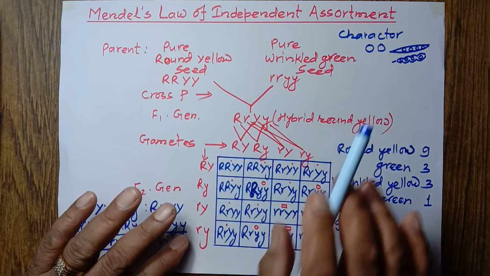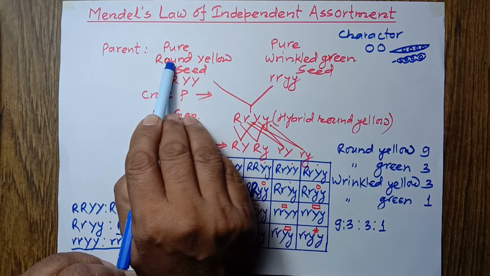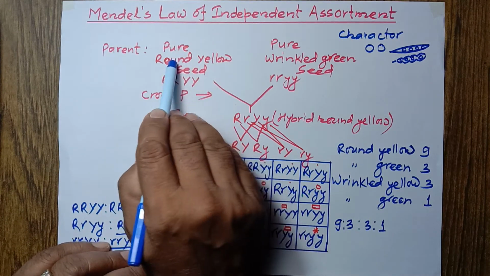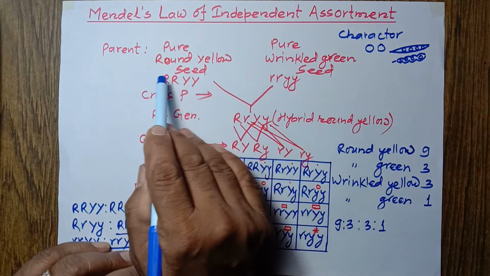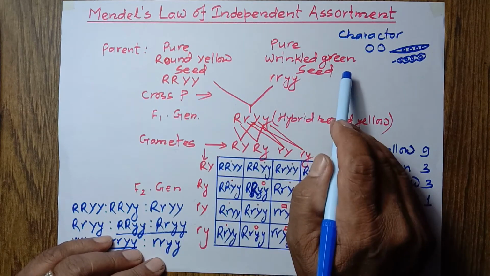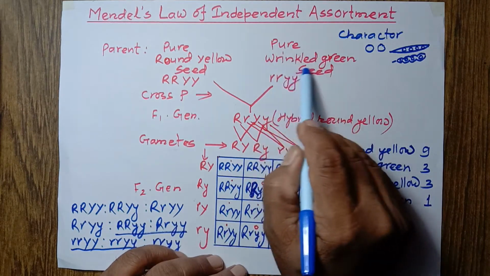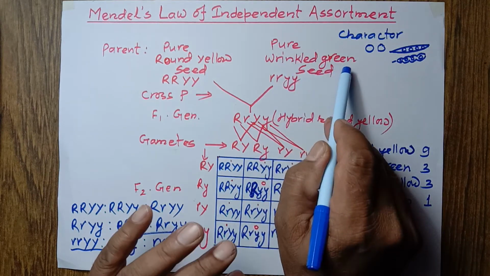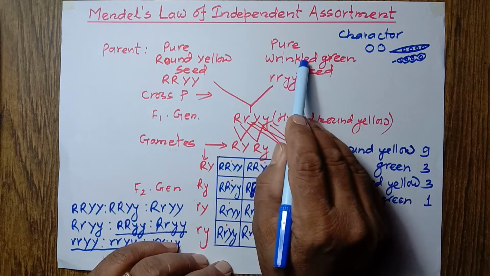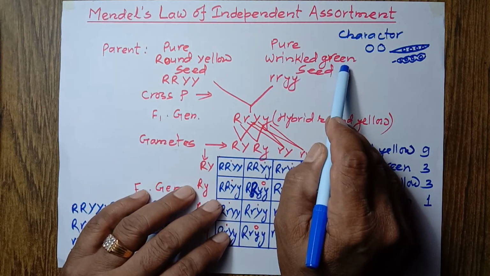What he found in nature is that a round seeded plant has yellow colored seed. Is there any relation between round and yellow? If a plant has round texture, then must it be yellow, or can it be green also? In the same way, he found that in nature there are wrinkled seeded pea plants having green colored seed. And he was trying to find out the relation between these two different factors of two different characters. Is there any relation between them or not?